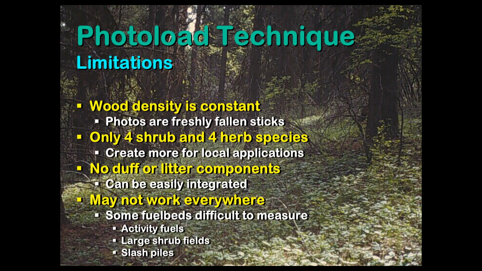As everybody knows, when you look down at the ground, all those sticks are in different stages of decomposition, so oftentimes we can't match the woody density correctly. Again, there are only 4 shrub and 4 herbaceous species. You need to include more for local applications, and we have a method now to do that. There's no duff and litter component, but the manual says how to easily integrate it with our method, and it may not work everywhere, like slash piles, large shrub fields, and activity fuels.